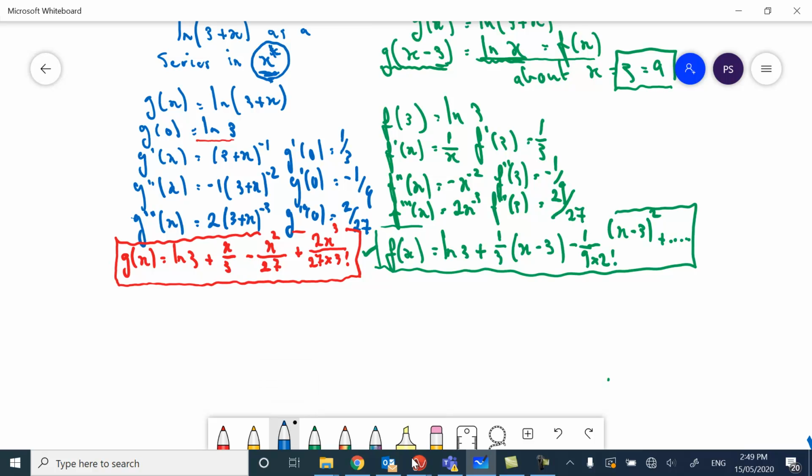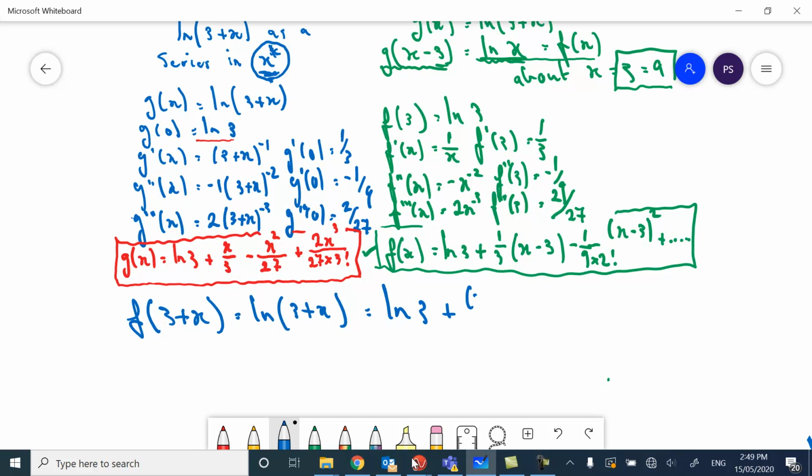Now all I've got to do is find really f of 3 plus x, which will equal ln of 3 plus x, because remember f of x is just equal to ln x, and then all I've got to do is replace x with 3 plus x, and that's where I go like this.